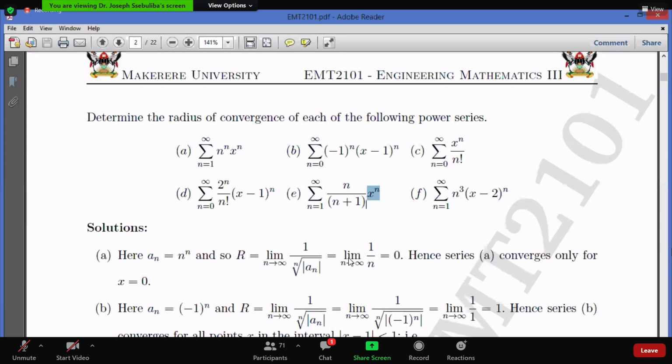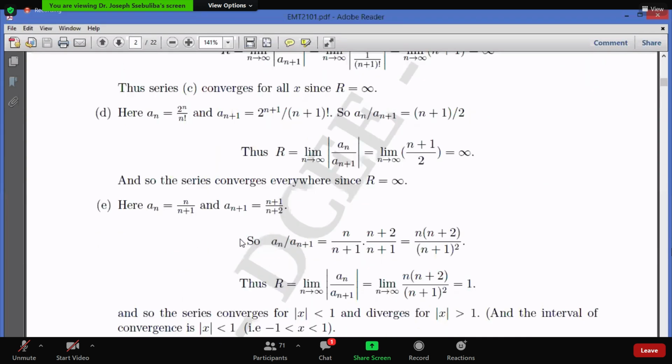If you deal with that and you come to E here, that can come out very fast. So you have a_n, which is n over n plus 1. Since we are using the ratio test, you can go ahead and compute a_(n+1) by definition, because this is what we use.